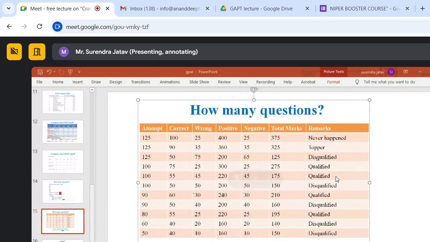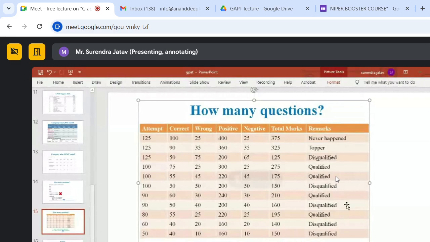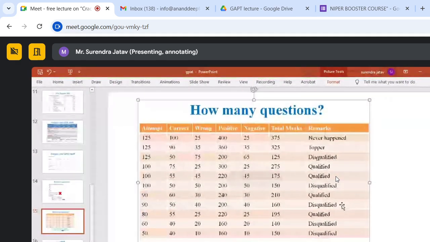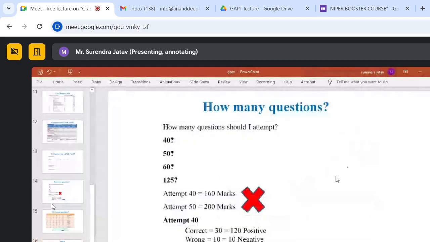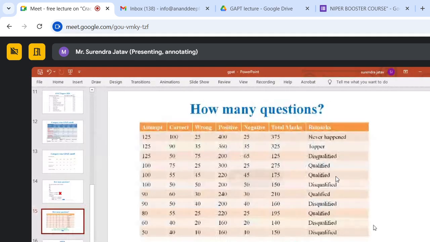Okay, so now continue. After this calculation, you might understand what the calculation for qualifying or being disqualified in GPAT is. That was the proper strategy for GPAT qualification, and I think you understand the calculation. Now 125 questions are coming, but previously it was not like that.